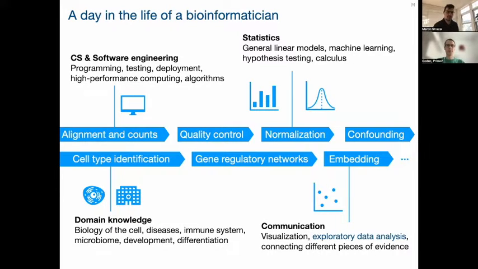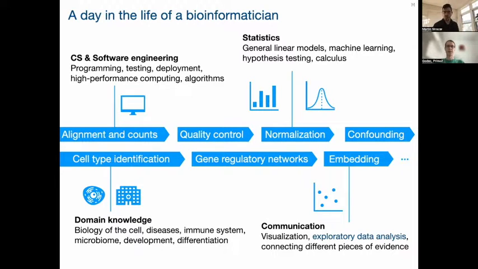This would involve more nitty-gritty computational science type of skills like programming, high-performance computing, developing different pipelines, to statistical analysis like normalization and getting rid of the batch effects, to the core domain knowledge that is needed to make sense of this type of data, including cell biology, knowledge of different types of diseases and the immune system, as well as basic understanding of gene expression programs that underlie cellular differentiation and development.